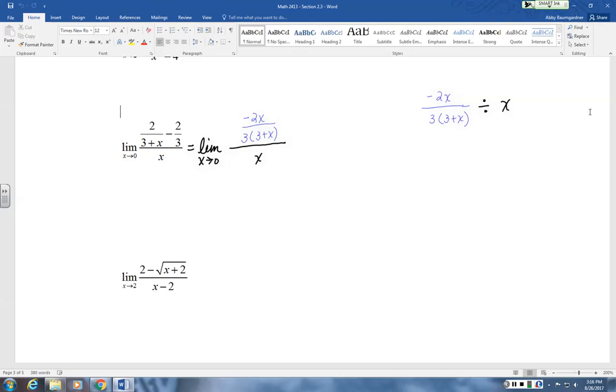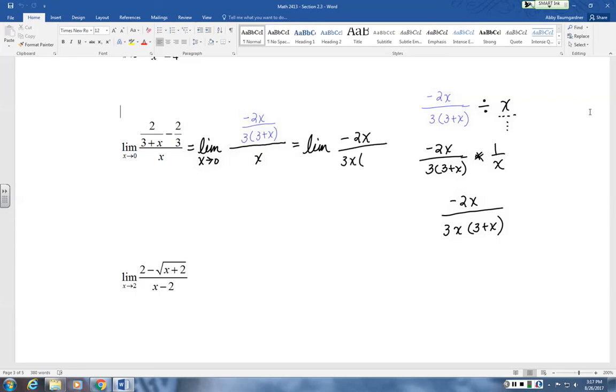Remember in elementary school, you would leave the first fraction, change to multiplication, and flip the second fraction. And then when you multiplied straight across, you would end up with a negative 2x divided by 3 times x times 3 plus x. So I can come back over here and say that this reduces to negative 2x divided by 3 times x times 3 plus x as x approaches 0.